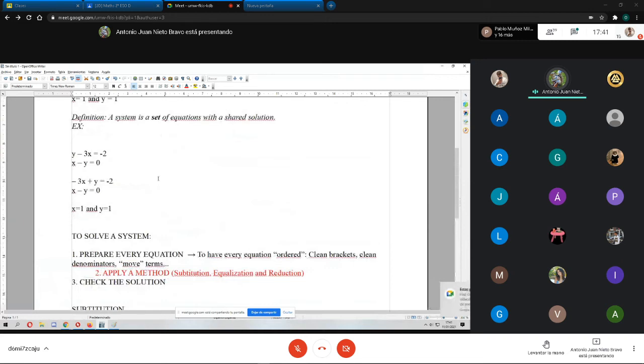For example, if we have -1 and -1 in both unknowns, if you do the check in the first, in the y equals 3x minus 2, the result wouldn't be -1 equals -1, but would be -1 equals -5, and that's not an equality. Do you understand, all of you? Do you understand that -1 and -1 is not true here?